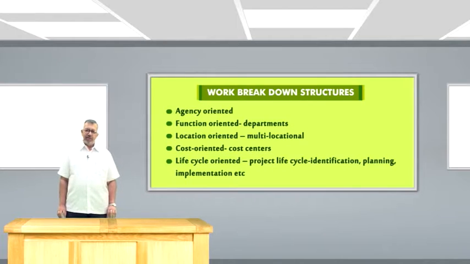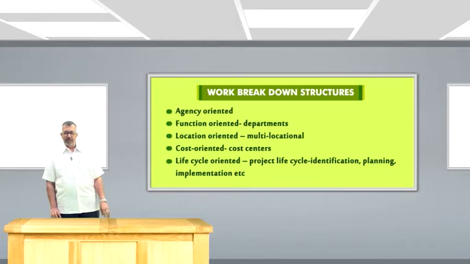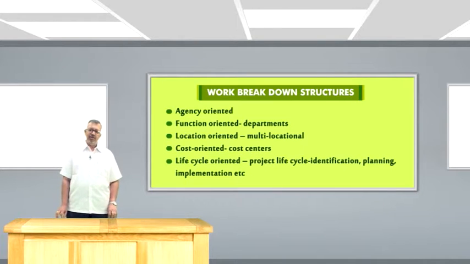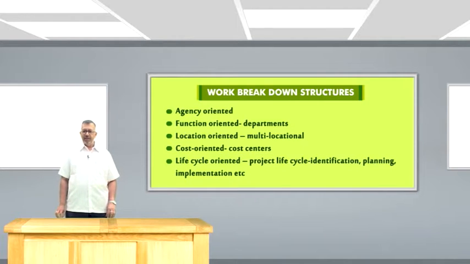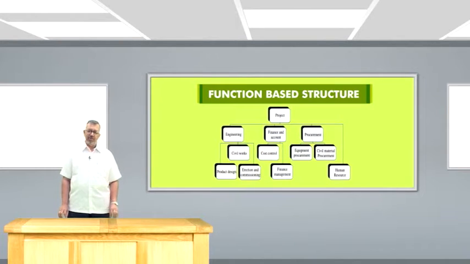Then there is another way of looking at them, which is cost oriented structures, and sometimes we identify some activities grouped together as cost centers, and then we understand the work breakdown structure using this kind of orientation. The last one is a life cycle oriented one, which is associated with the project life cycle. We discussed earlier that in the project life cycle we have identification, planning and implementation, etc. Different stages of the project life cycle are there, and we use them as a basis.